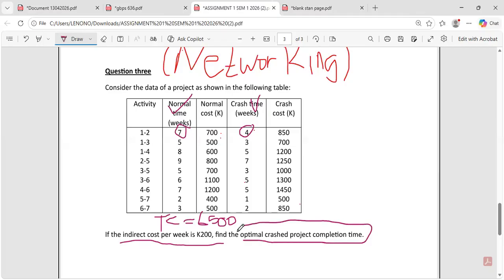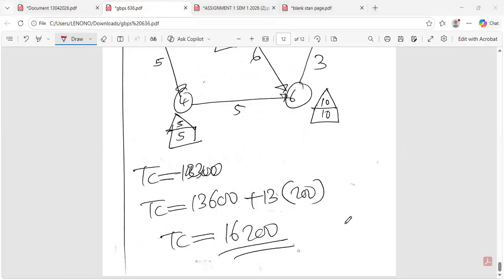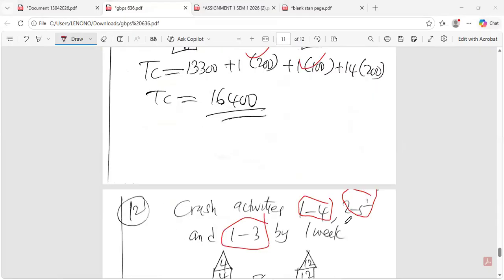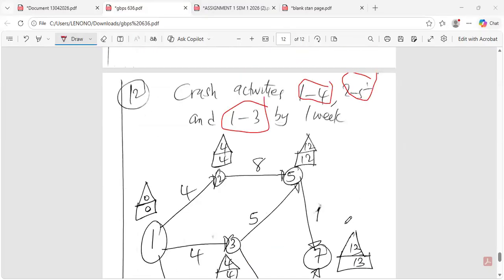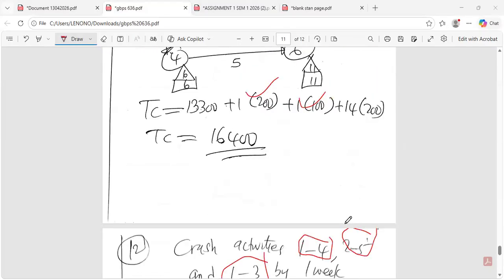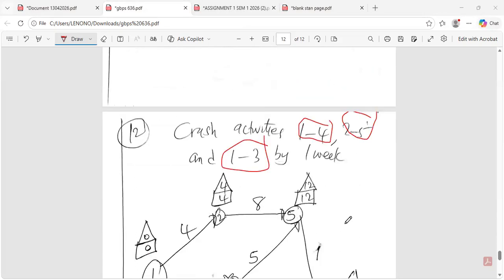So the total cost of this project after being crashed, looking at this activity table, is actually giving us 16,200. Okay, so this is what goes on here.